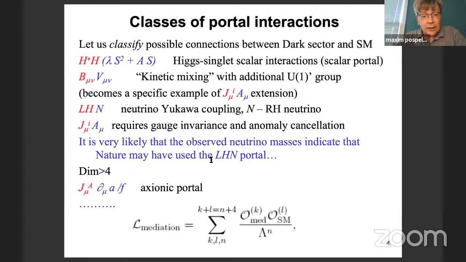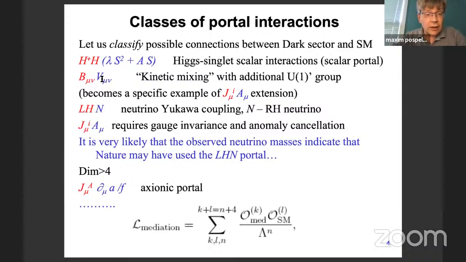So the classification of these portal couplings, that is the couplings between the Standard Model and the possible new light fields, is well known. There is a Higgs portal, there is a dark photon portal, which takes the two field strengths, the photon field strength and the extra U(1) field strength, and combines them into a gauge invariant operator.